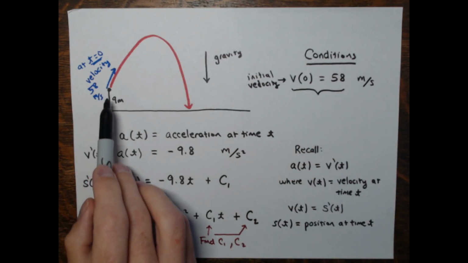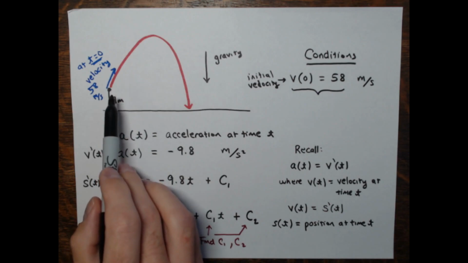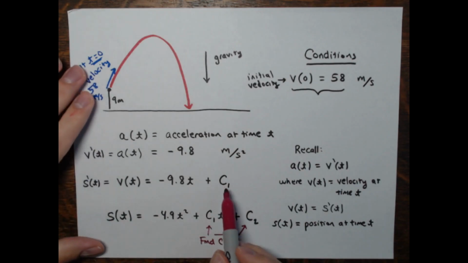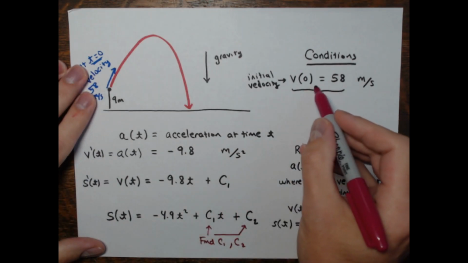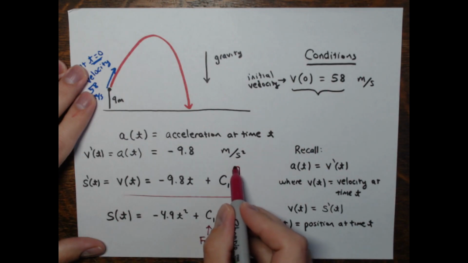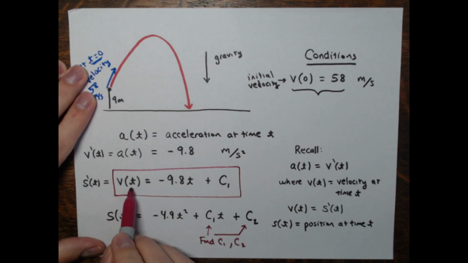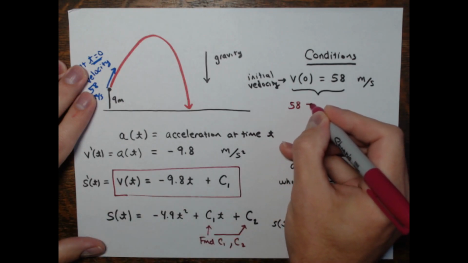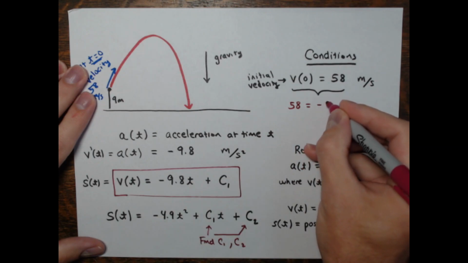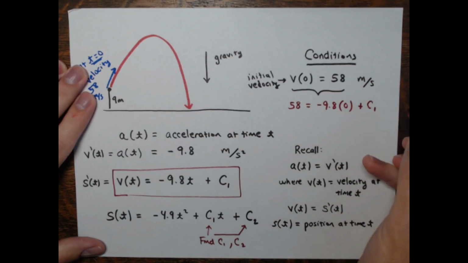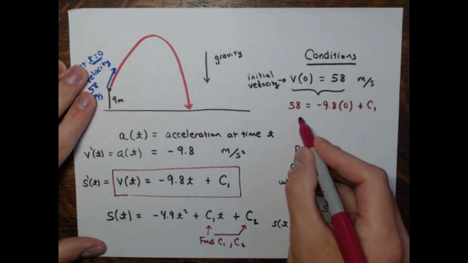We also have an initial height. The initial height was 9 meters off the ground, but let's use this initial velocity to find the value of c1. I'm going into the velocity function here. When I replace t with 0, this will be v of 0. That's going to be 58 on the left equals, and then again, replacing t with 0, you'd have negative 9.8 times 0 plus c1, and that's just c1.